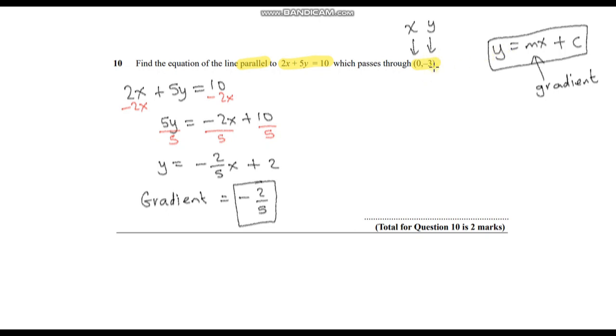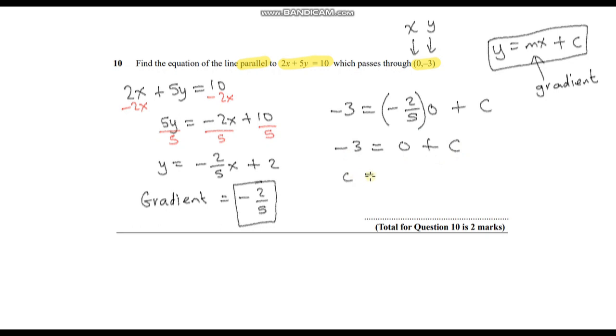So we know y is -3. So when y equals -3, that equals the gradient, which is -2/5, multiplied by x, which is just 0, plus c. It doesn't matter what we're multiplying by, this is just going to be 0. So it's going to be -3 equals 0 plus c.